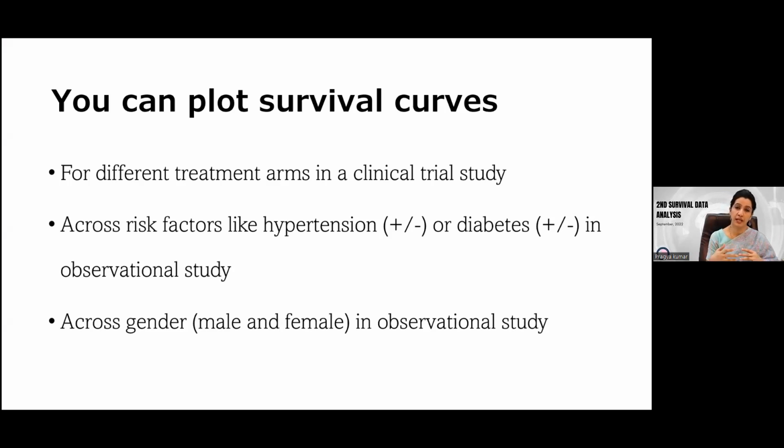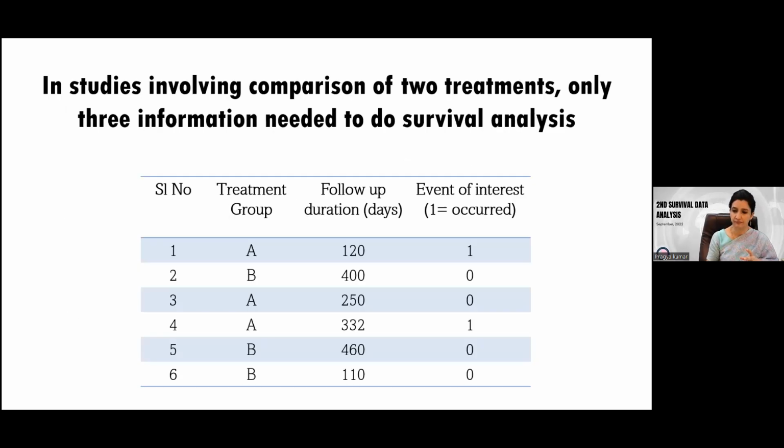You can again plot this curve across any risk factor, like hypertension present or absent, cardiovascular disease present or absent, or across the various categories of BMI, hyperlipidemia versus normal lipid, or across gender, maybe if that is an inherent risk factor for a disease. Generally we plot the survival curve across a risk factor, because that gives you the estimate and the median survival time.